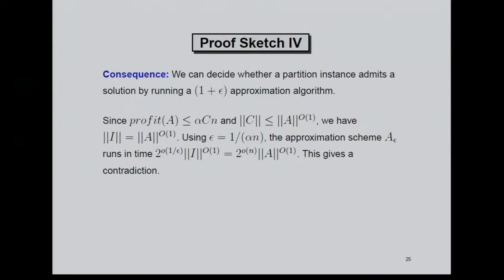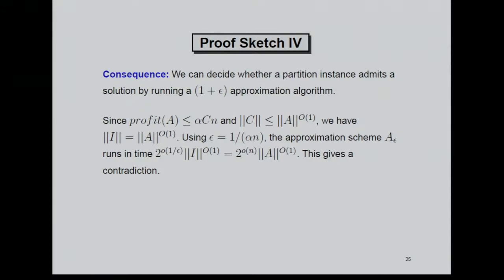So you have to calculate carefully here and use these bounds. And then if you use this corresponding epsilon value and insert it, this running time goes over to this running time. And this is a running time for the partition problem that we know we don't have, only if the ETH fails. So this gives you automatically the result.